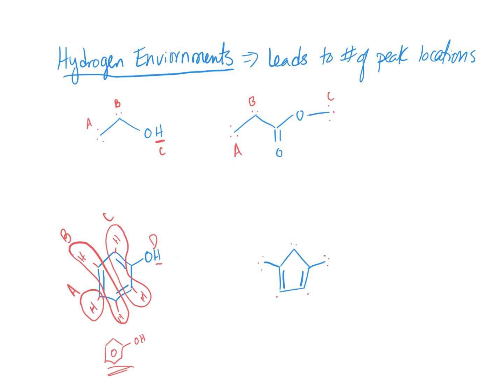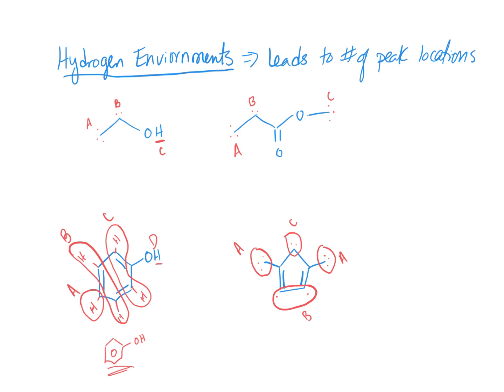So I would say that this and this together, both of them, are A. These two are B. And this one I would call C. Now, if you label that differently, that's totally fine, as long as the 2 A's are labeled as the same signal, that would be correct, and then the B's the same way.